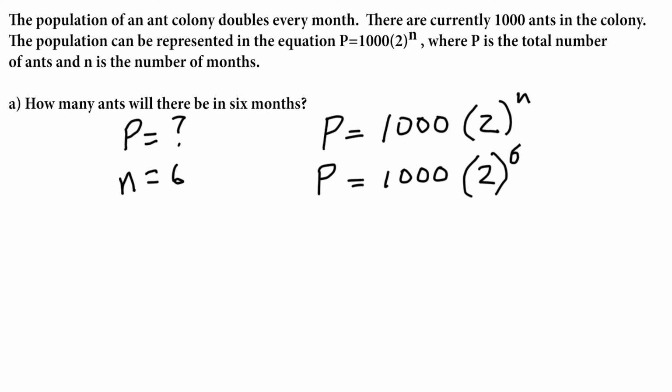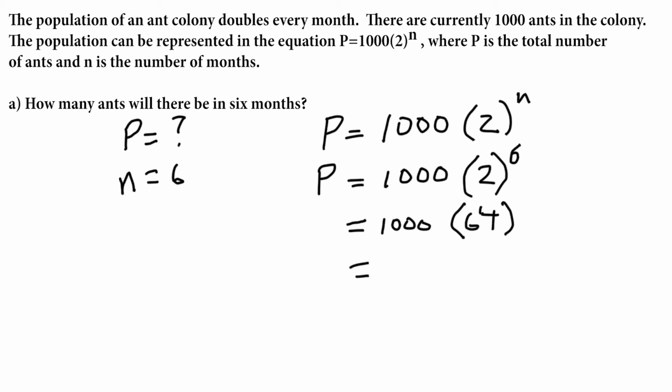And we can do these calculations. For simplifying, we might want to do the power first and show that step. So 2 to the power of 6 is 64. So I'll have 1,000 times 64.